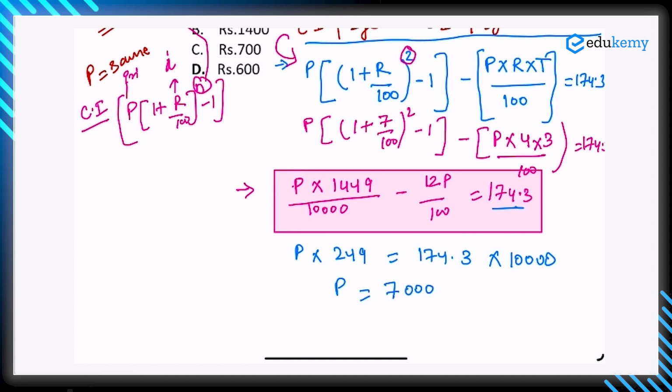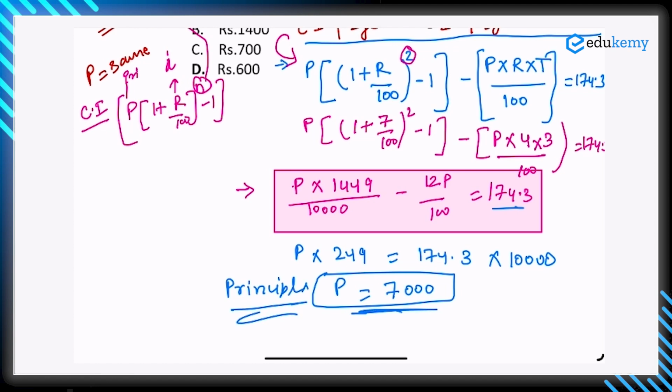When we solve this equation, P is the principal, and it will be 7,000. It's a simple mathematical equation, which you can solve. So after solving this equation, we are getting the principal is equal to 7,000 rupees.